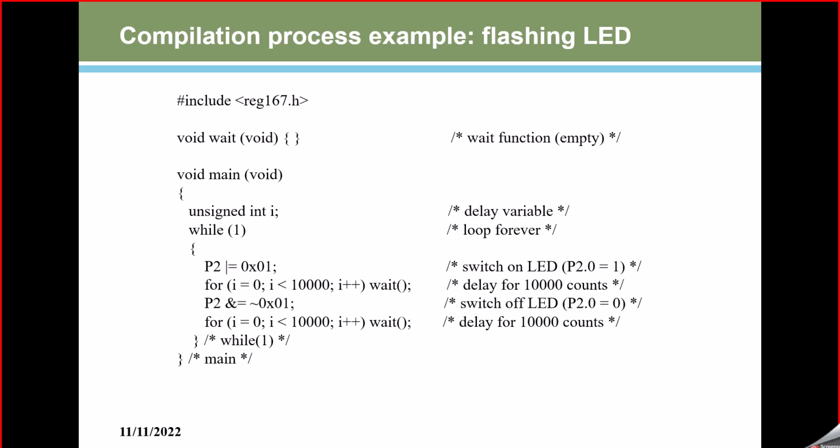The variable name is i. It is a local variable to the main function. So the next line you can see while one. One is a number, or a kind of Boolean data which is true, always true. The condition remains the same forever. So while one is the infinite loop, inside that we have some statements. We can go through them one by one.